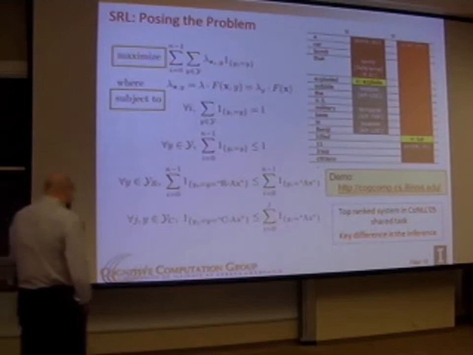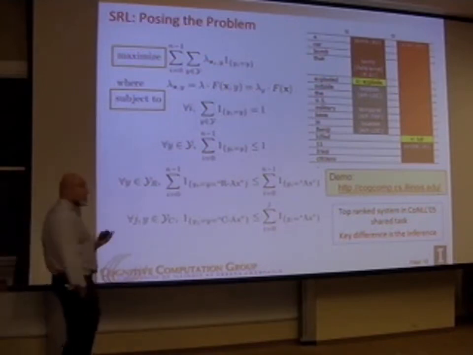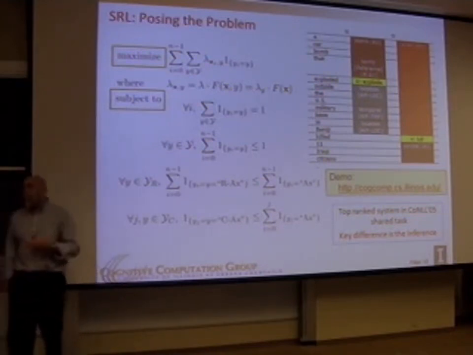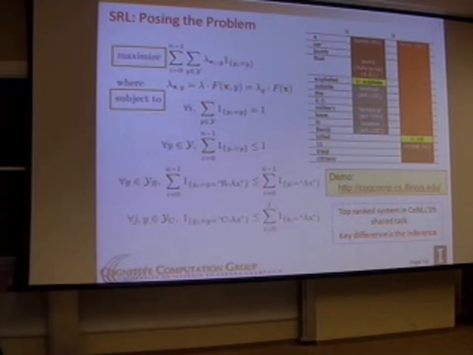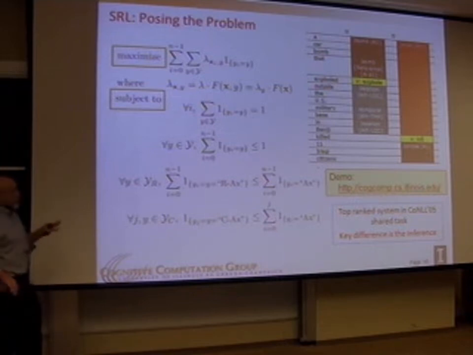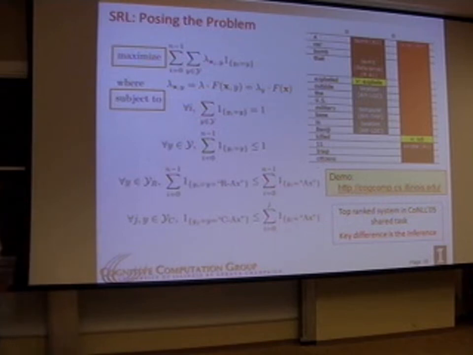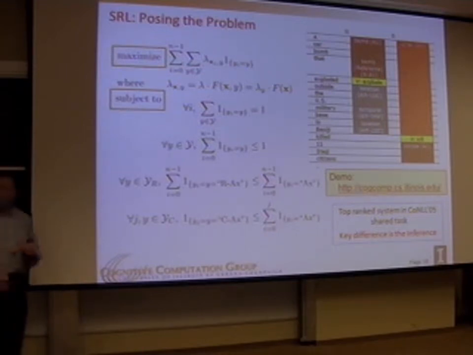So even though ILP is in principle a hard problem, in many NLP instantiations it's actually working very well. And I must say that although we are using also approximation in some of the problems, I've been very, very impressed with Gurobi. I mean, from the time I started to work on this in 2004, I think there's been an order of magnitude or more improvement in the quality of the solver.